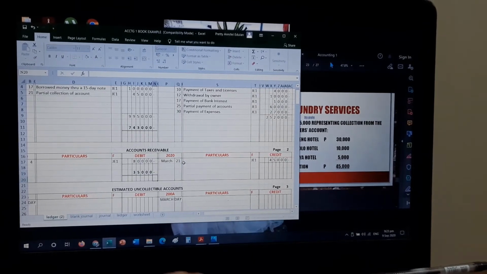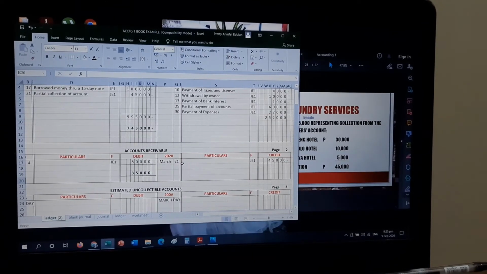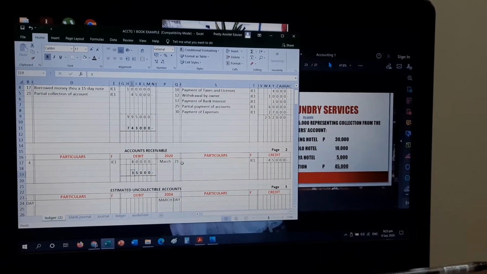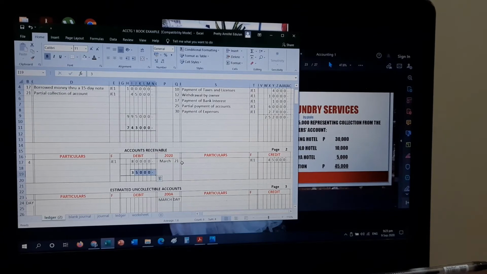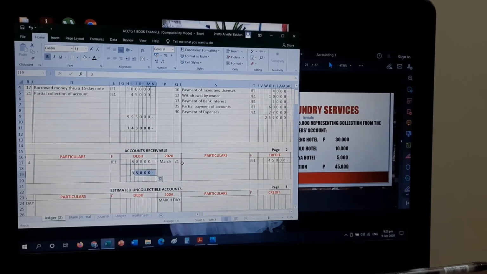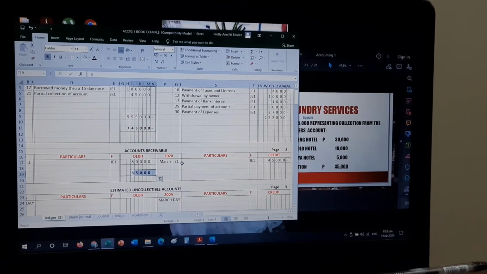Again, in getting the account balance, you will subtract the debit and credit sides. Whichever is the higher amount, you will write your answer there. So since debit is higher, you'll write 35,000. By simply looking at your ledger, you saw 35,000. What does it mean? It means that you still have to collect 35,000 from your customers.